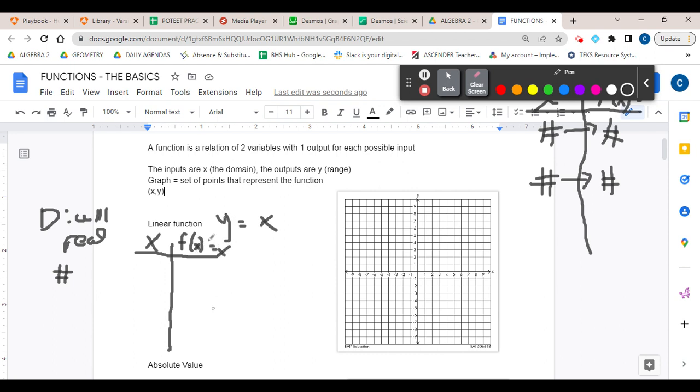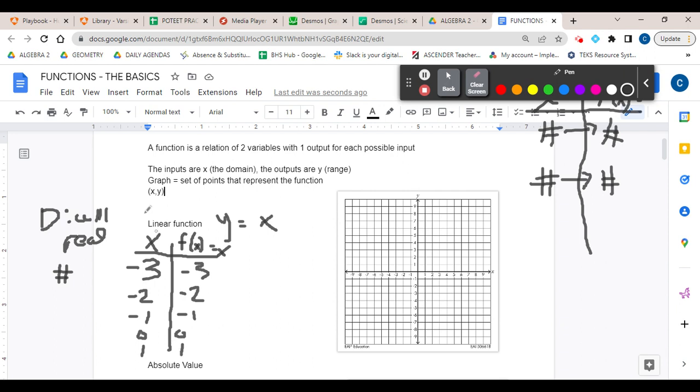So this column is also going to be x. If my x is -3, my y is going to be -3. My x is -2, my y is going to be -2 because y equals x. -1, -1, 0, 0, 1, 1, etc., going on down the line.